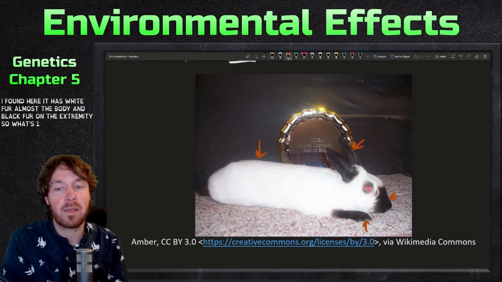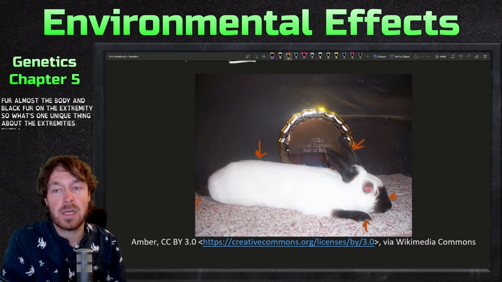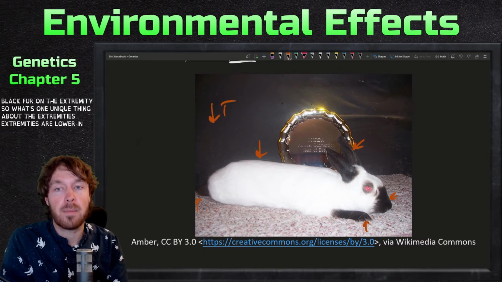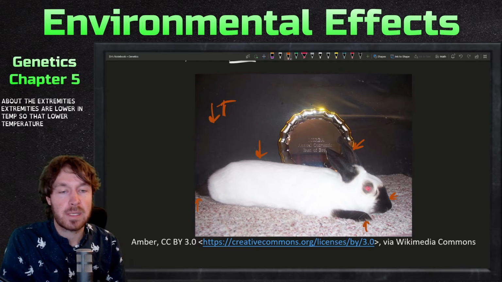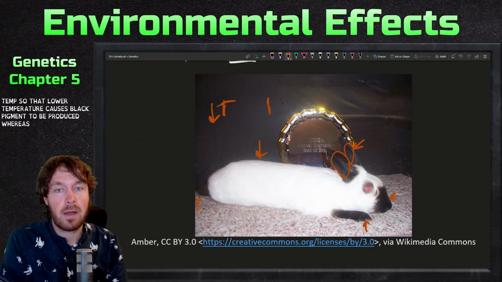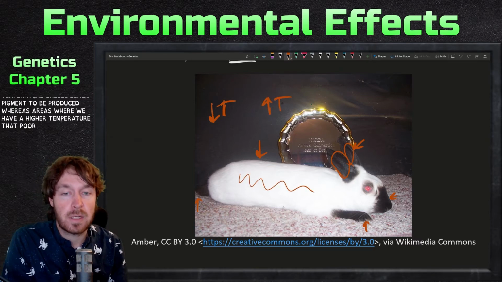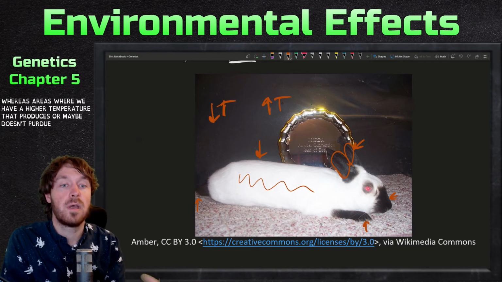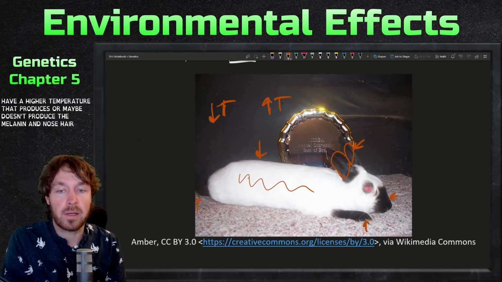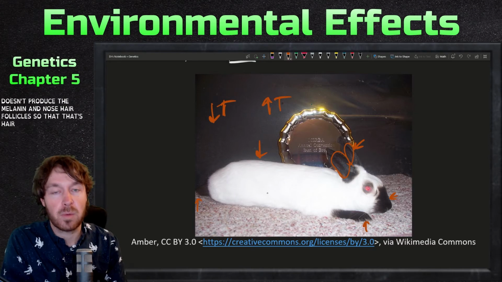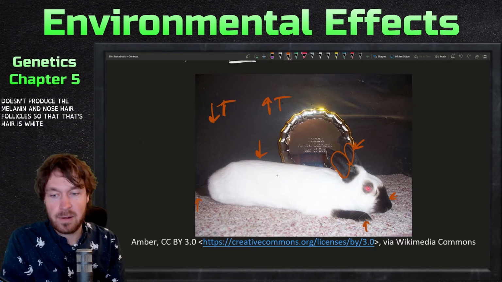So what's one unique thing about the extremities? Extremities are lower in temperature. That lower temperature causes black pigment to be produced, whereas areas where we have a higher temperature don't produce the melanin in those hair follicles, so that hair is white. Very, very interesting here.